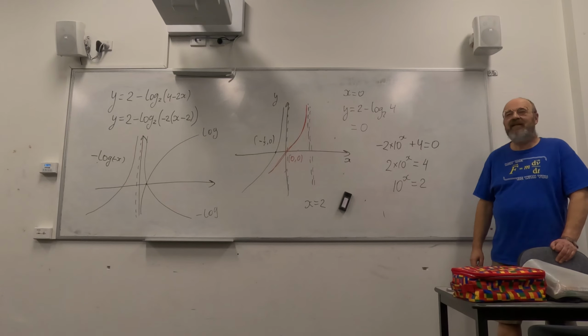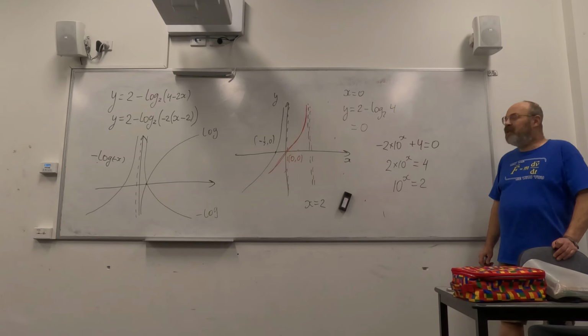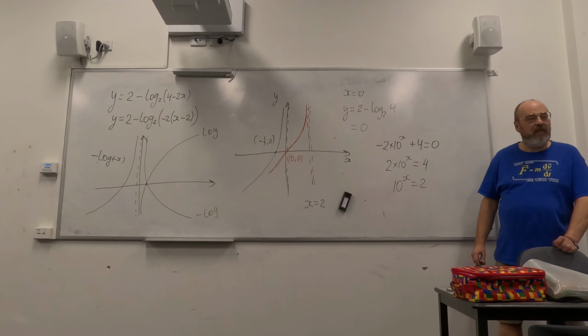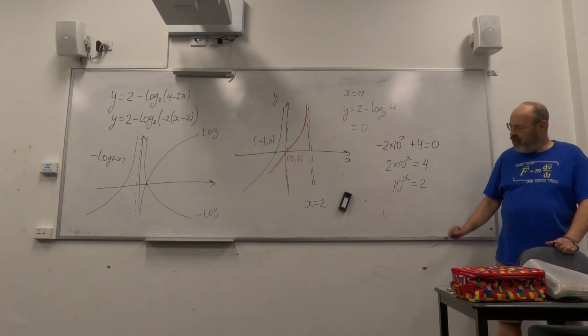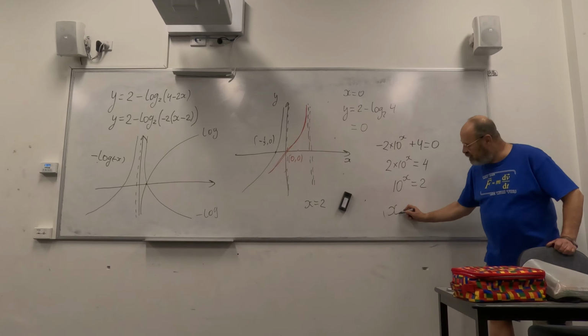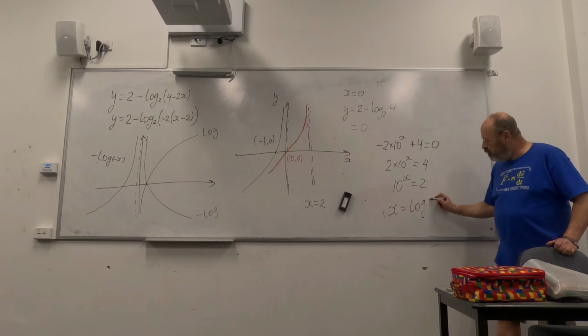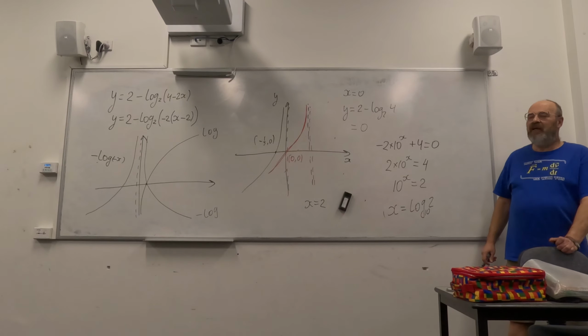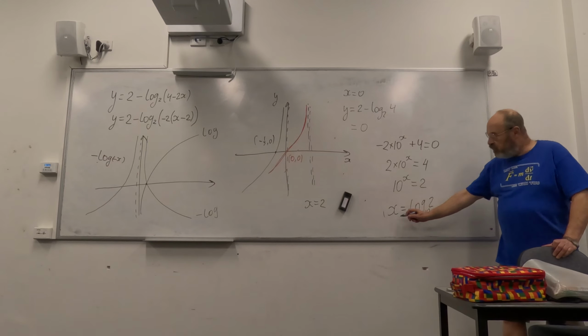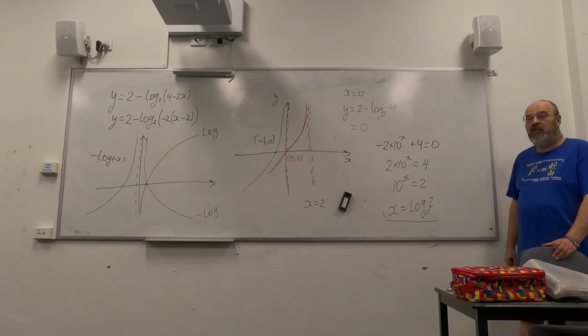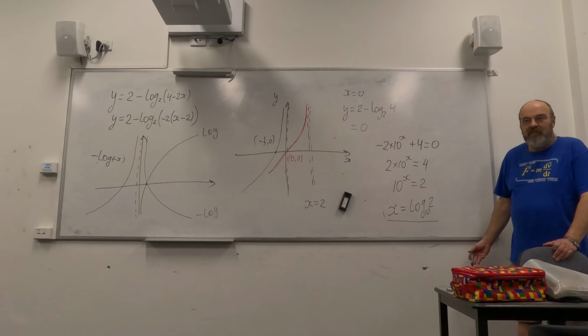Next step, we take log with the base 10 of both sides. That will make x equal log 2 with the base 10. That will be the exact answer required. You cannot do more than that.